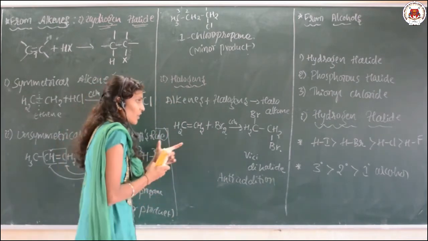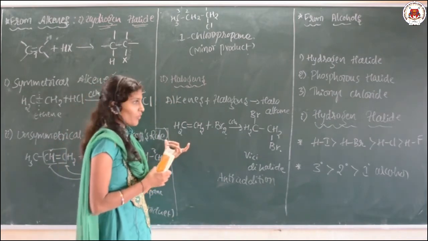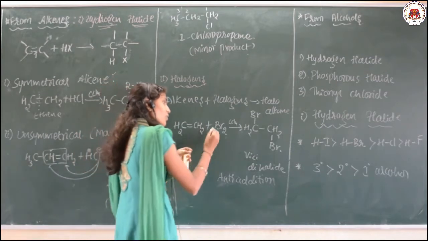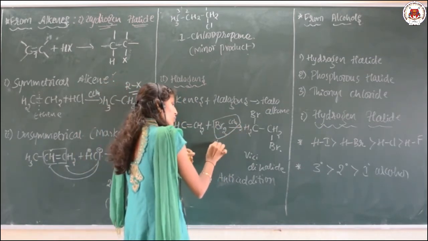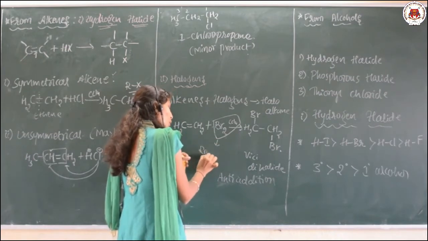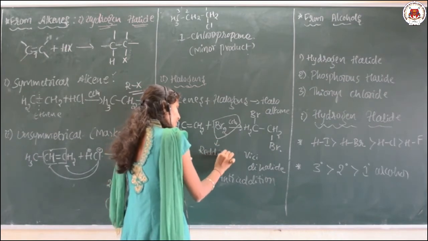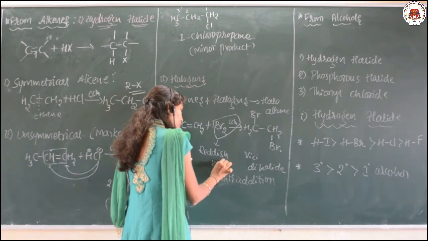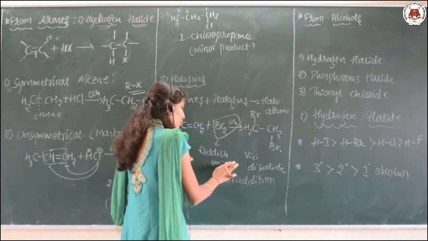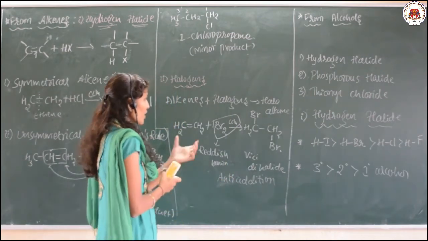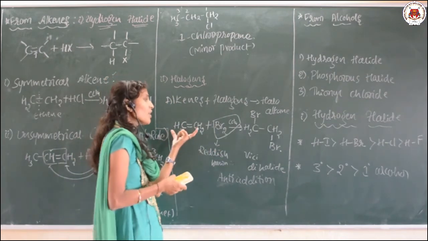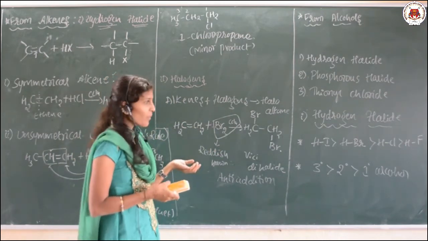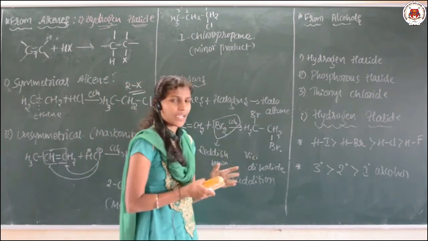So here the alkene is taken. The bromine in CCl4, that is the bromine water, is reddish brown in color. When the reddish brown bromine water is added to the alkene, what happens? There is a formation of the vicinal dihalide.